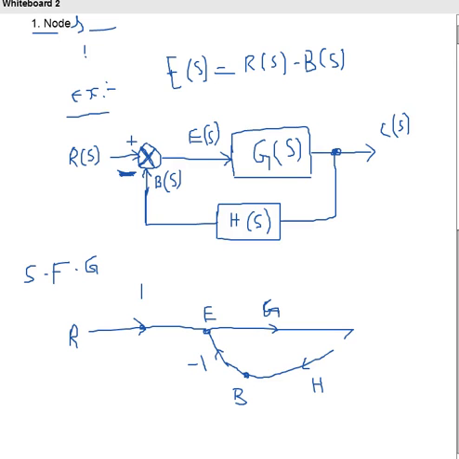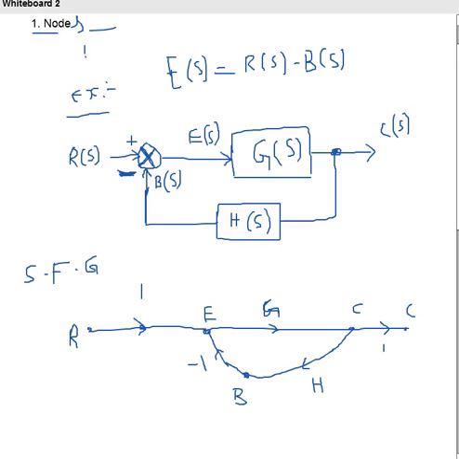And the output node is C. From the output node again, here 1 I put. So here, how many nodes are there?